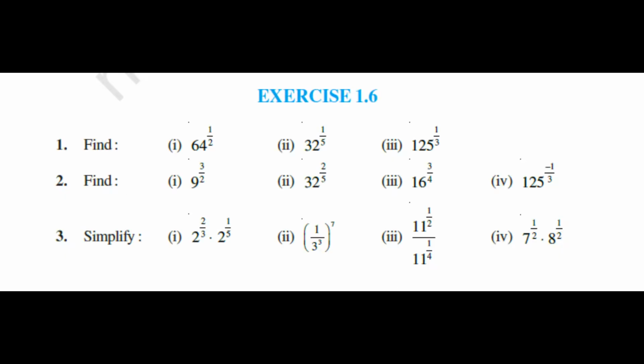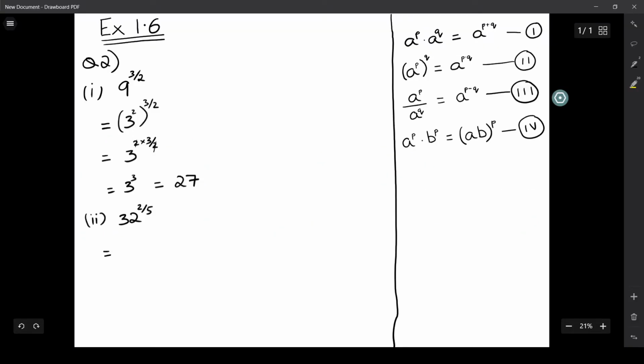The second part of question number 2 is solve for 32 to the power 2 by 5. Now again, we'll represent 32 as 2 to the power 5 whole to the power 2 by 5.